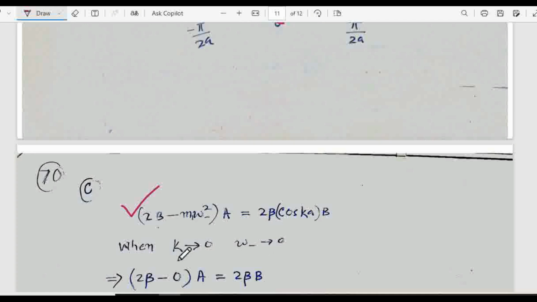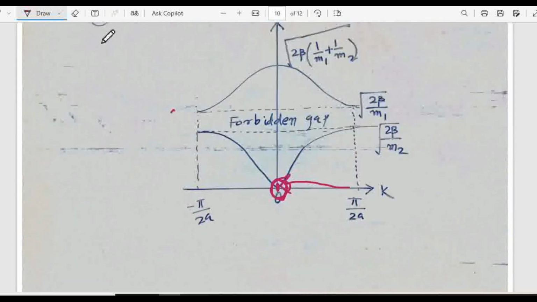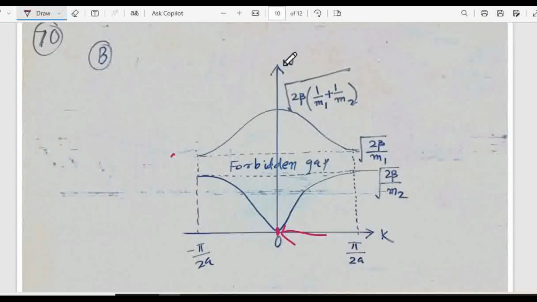So when k tends to 0, omega negative tends to 0. You see this graph: when k tends to 0, omega tends to 0. Only this graph is acoustic.